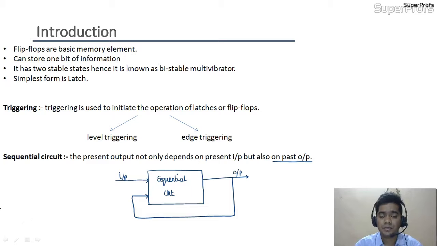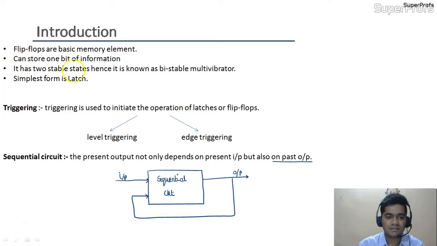But in a sequential circuit, the present output also depends on the past output, which takes some time to travel and produces a delay. That's why combinational circuits have a faster response than sequential circuits. Okay, so these are some basic points regarding the difference between combinational and sequential circuits.